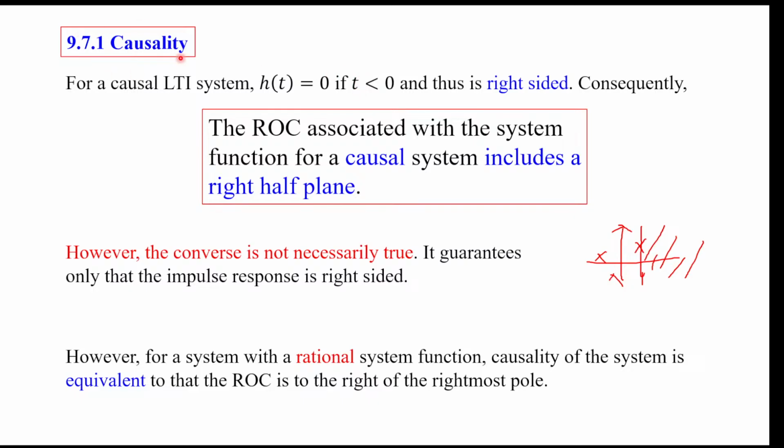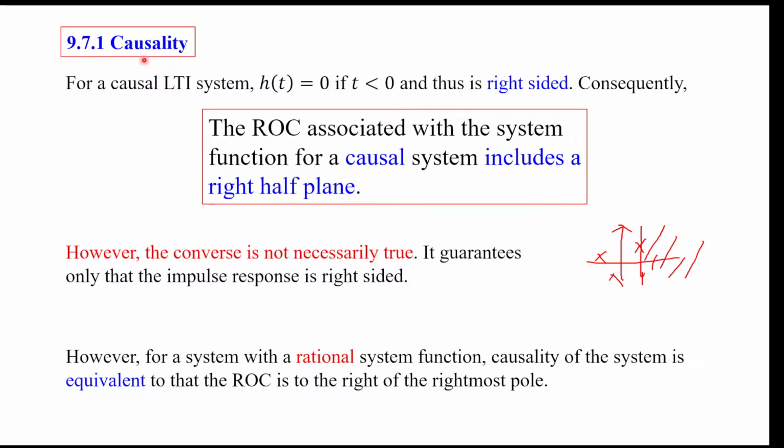From here we see that the signal is right-sided, and our ROC property says that the ROC for big H of s should also be right-sided. It means that it should extend to right infinity, and for this we say it includes a right half plane. Okay, so includes a right half plane just means that your ROC extends to right infinity. So this is the property of causality.